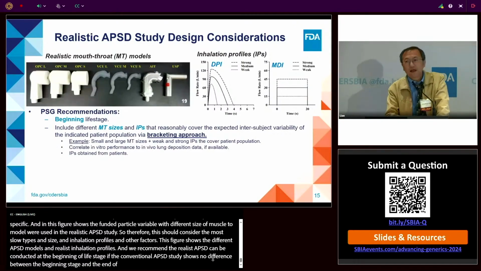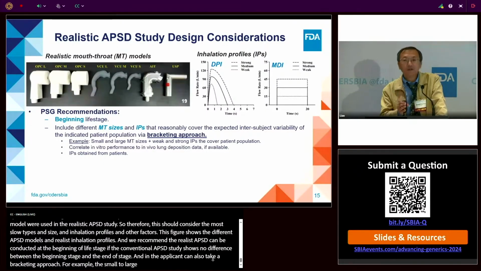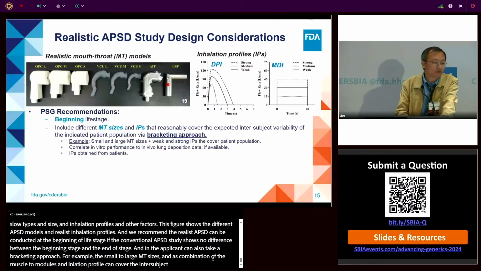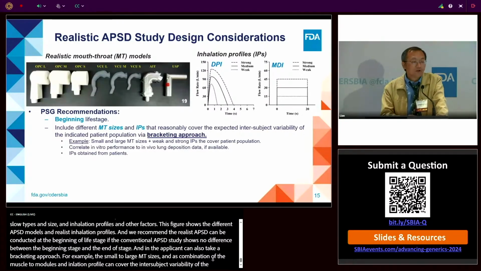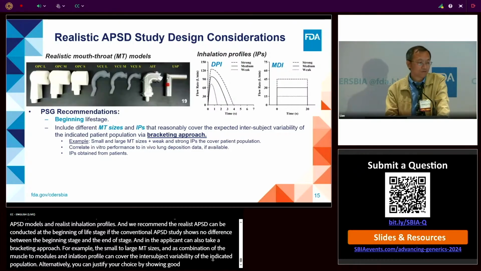And the applicants also can take a bracketing approach, for example, the small and the larger size Mouth-Throat models plus weak and strong inhalation profiles, as long as the combination of the Mouth-Throat models and the inhalation profiles can cover the expected inter-subject variability of the indicated patient population. Alternatively, you can justify your choice by showing good in vivo correlation if you have this data.